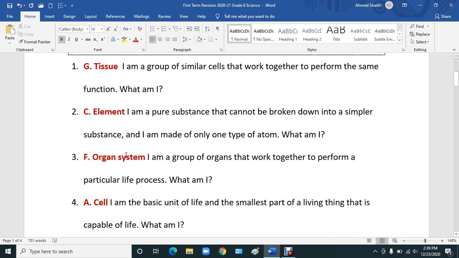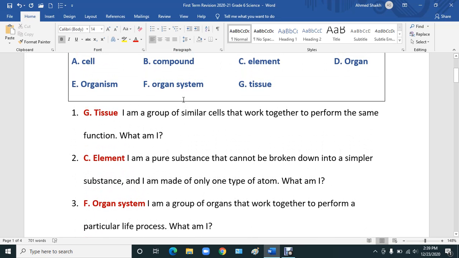So here the first sentence starts with the first word, that is G is the tissue. I am a group of similar cells that work together to perform the same function. What am I? So this is what you are going to choose from this box.